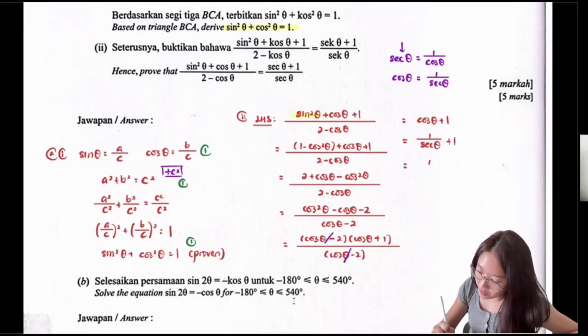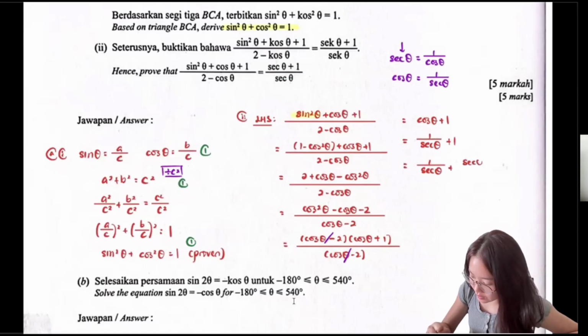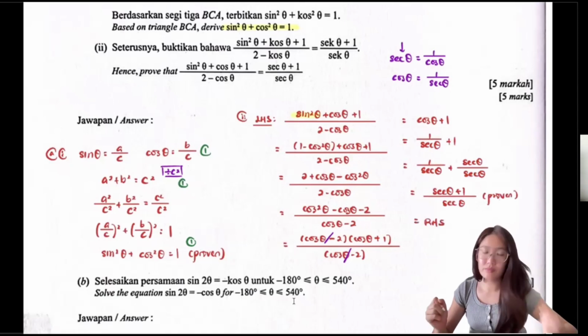And the 1 behind, I can change it to a fraction with secant as my denominator. So here you go, secant theta plus 1 over secant. Proven. Or you can write equal to right-hand side.